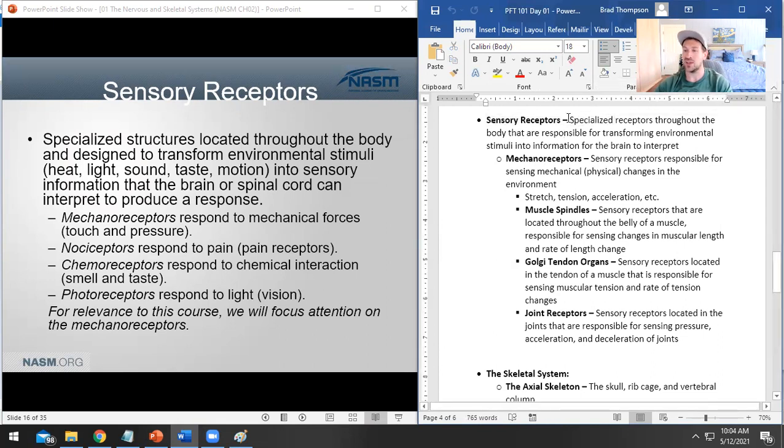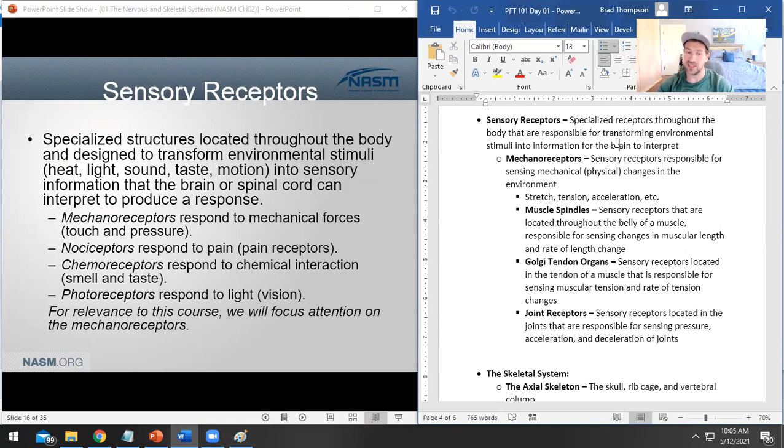A sensory receptor is a specialized receptor throughout the body that's responsible for transforming stimuli into information for the brain to be able to interpret. So it basically takes things like, wow, that's really salty, and turns it into information that your brain can interpret. It's like, wow, that's really sweet, and interprets it into information that your brain can interpret. Things that are sweet and salty, generally your brain interprets that to go, awesome, get more of that in the body, right?